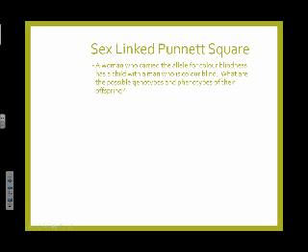All right, so we talked a little bit about color blindness. Now, Punnett squares again. A woman who carries an allele for color blindness has a child with a man who is colorblind. What are the possible genotypes and phenotypes of their offspring?